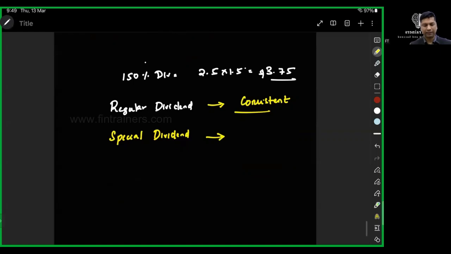Special dividend, on the other hand, the name itself is special. It is not something you should expect. Maybe there is a one-off gain that you got, something like one of your investments or your property, plant, equipment, when you sold, you made an extraordinary income or profit, an unexpected gain.